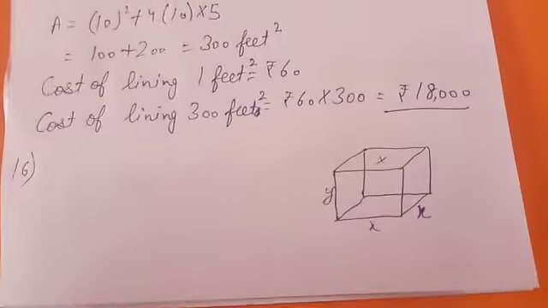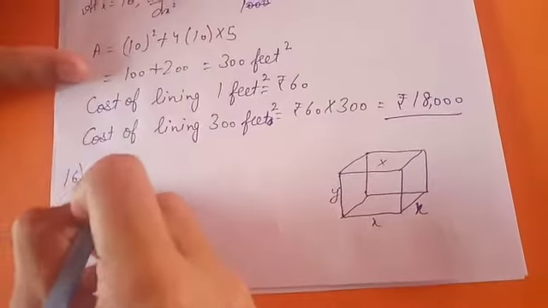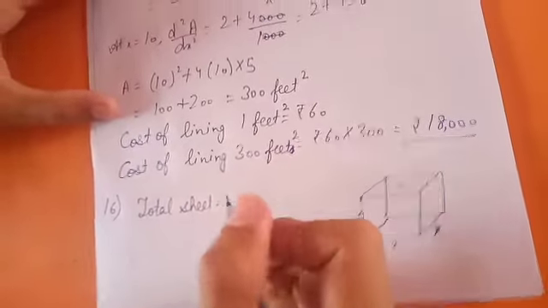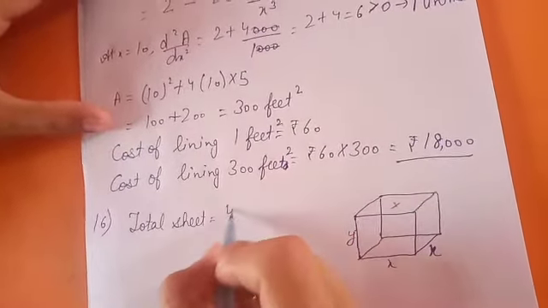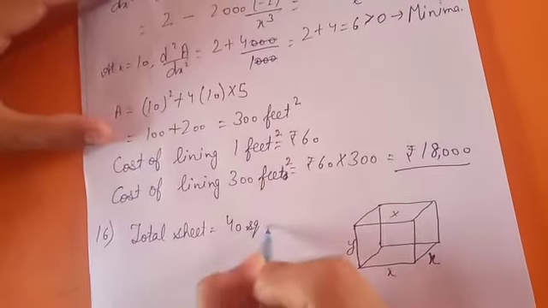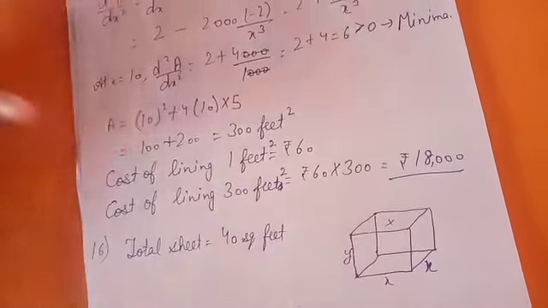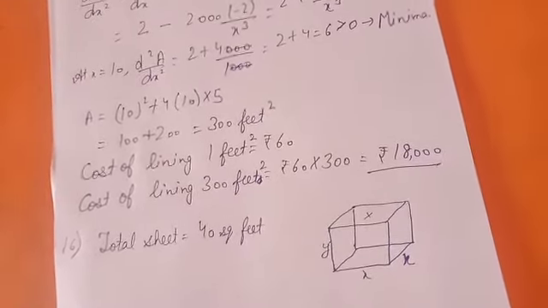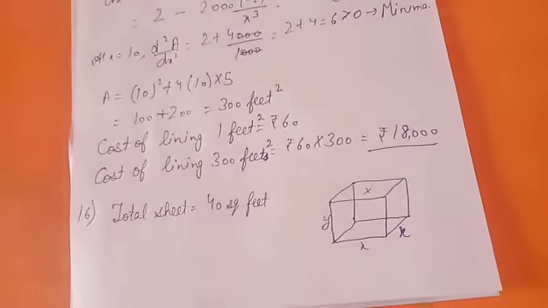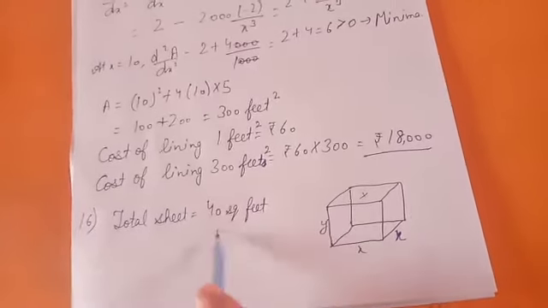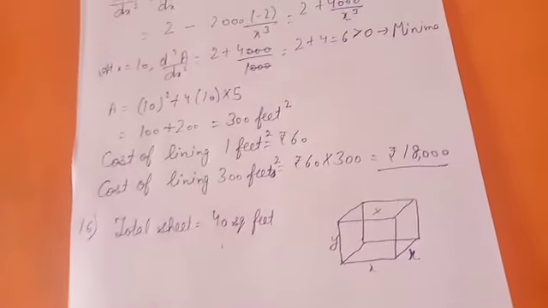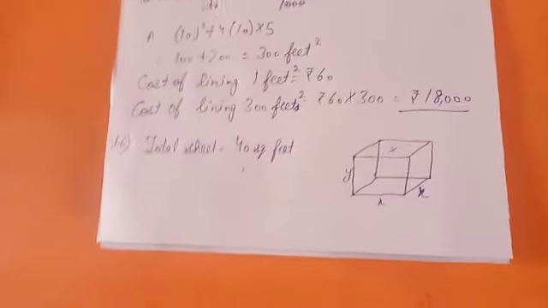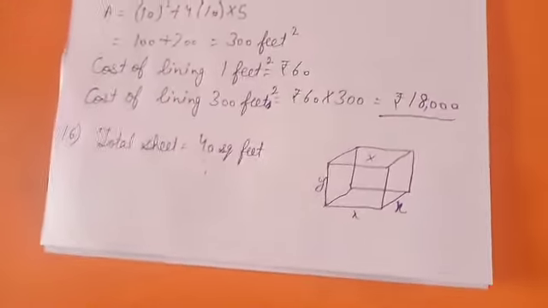Now the total sheet is equal to 40 square feet. 40 feet square and 40 square feet mean the same. First of all, we can find out its total surface area.